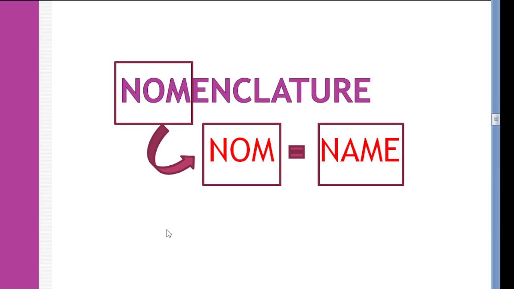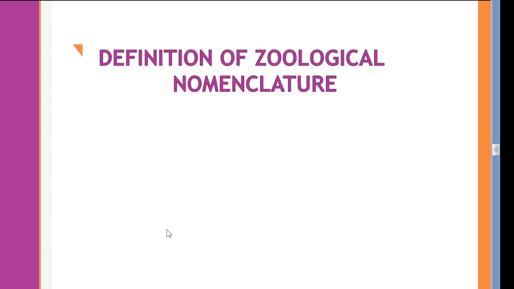In the nomenclature, we are going to name all the taxa, and of course, to name the taxa, we cannot do it without a set of rules, and that's why we are talking today about zoological nomenclature. So let's define what is zoological nomenclature.